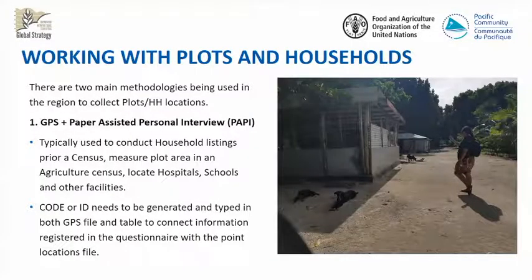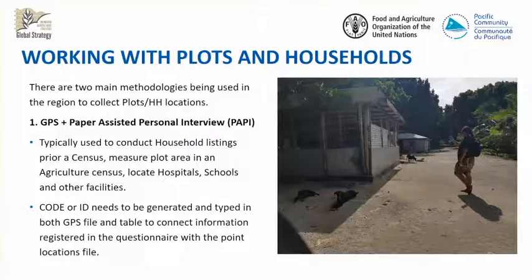Okay, we had a questionnaire on paper, and the geospatial component, the household location, the agriculture plot location and surface, was collected with a GPS unit. Okay, it was typically used to conduct household listing, as I was saying, during the census, during the surveys. Well, it depends, but we don't usually add this geospatial component.